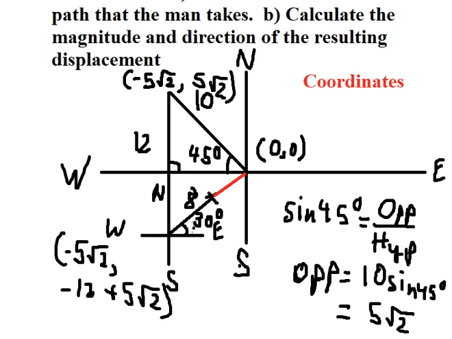And now we have 30 degrees and we have 8 miles in here. So this one, if we draw the right triangle, we can find this side in here and this side here.